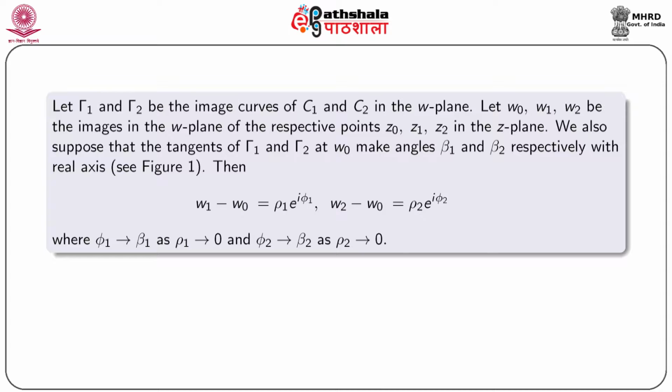We also suppose that the tangents of gamma 1 and gamma 2 at w0 make angles beta 1 and beta 2 respectively with the real axis. Then w1 - w0 = rho 1 e^(i phi 1) and w2 - w0 = rho 2 e^(i phi 2), where phi 1 tends to beta 1 as rho 1 tends to 0 and phi 2 tends to beta 2 as rho 2 tends to 0.